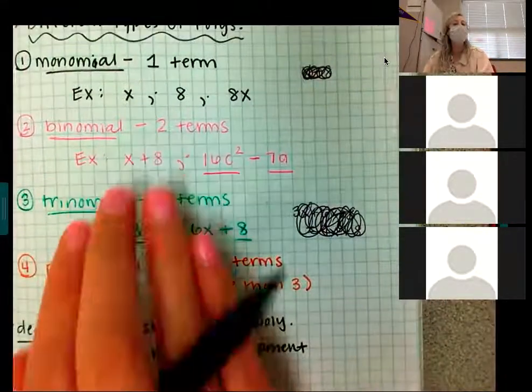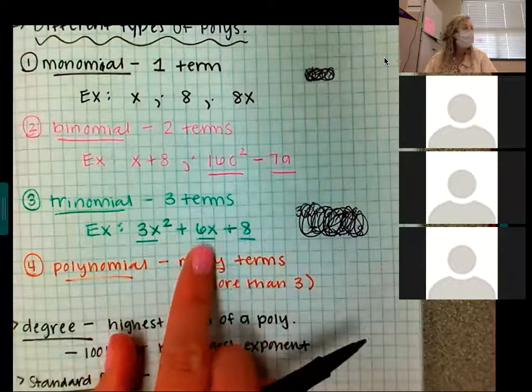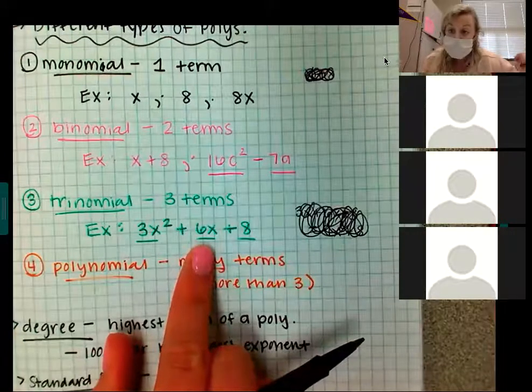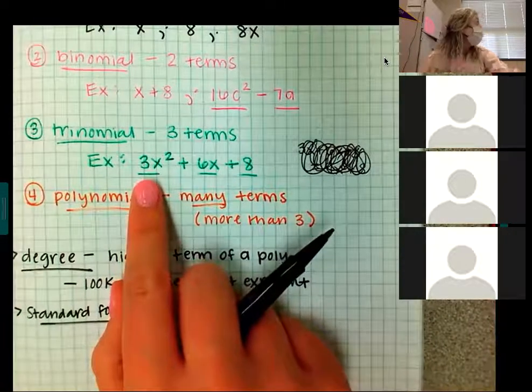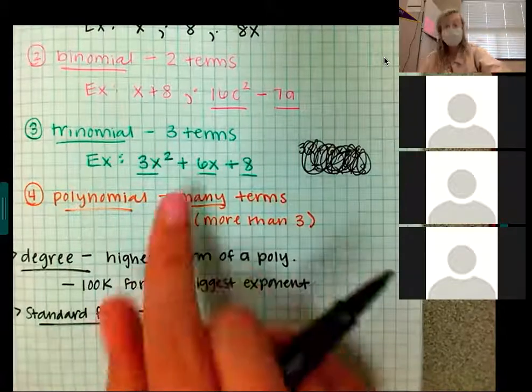Look at these polynomials. Is 3x squared plus 6x plus 8 in standard form? Oh, yes. Good. It is in standard form. Gwyneth said it's in descending order, the biggest to the smallest. Did y'all learn that? If you didn't, let's write it.